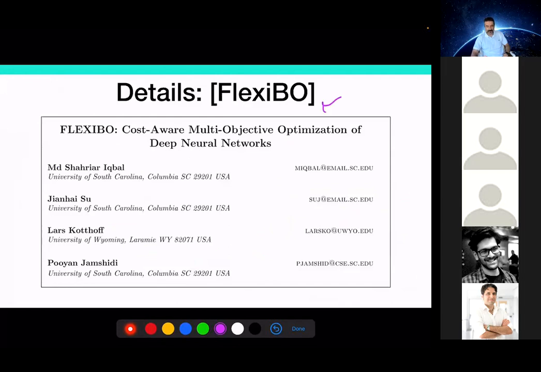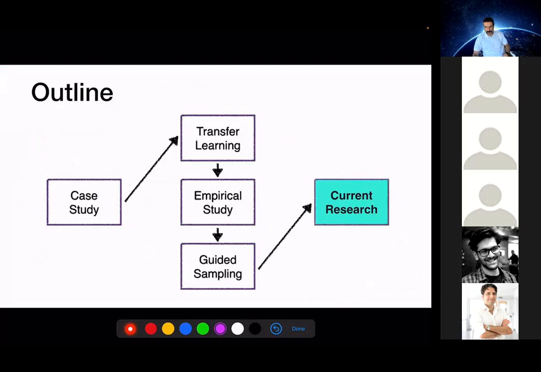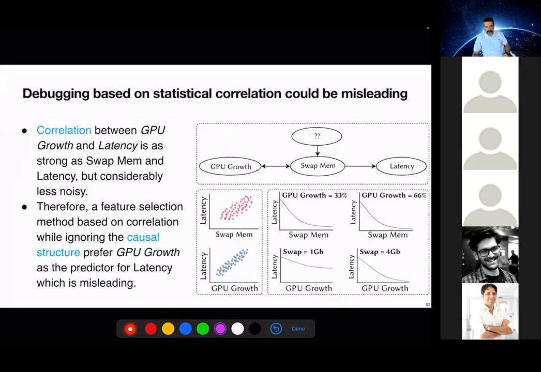This is work mainly done by Shahriar in my lab. But the work that I want to elaborate on now is about this causal debugging. This work is mainly led by Rahul and Shahriar, and they can jump in and elaborate much more because this is their work.